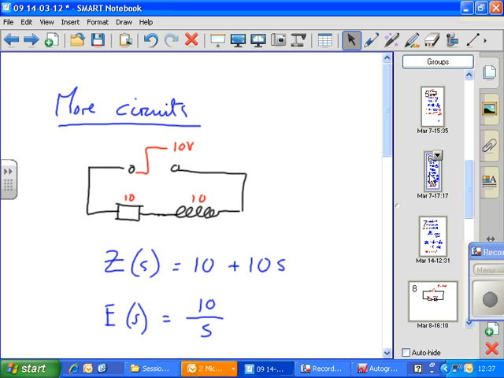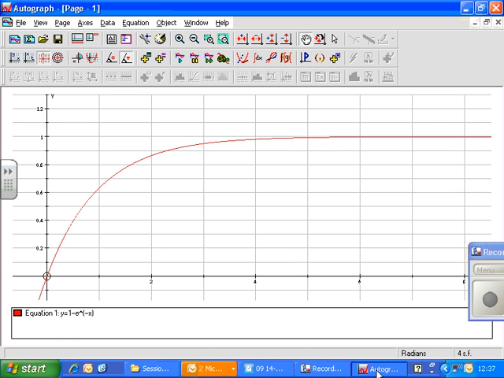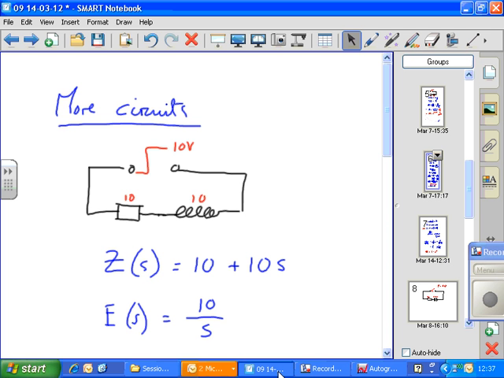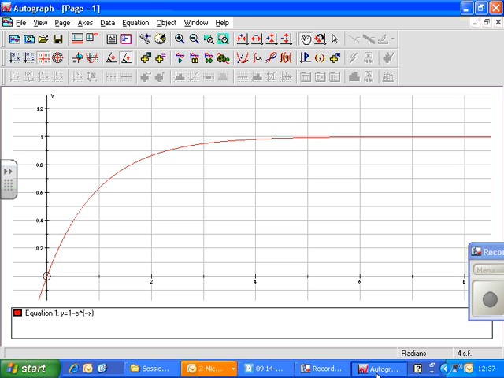And so you would expect it to look like that, the current starting at 0 and then building up to a steady value of 1 amp in this case. And if we look at the original circuit, we've got a voltage of 10 volts and a resistance of 10 ohms. So eventually, once the inductance has disappeared, the current will be 10 divided by 10, which is 1 amp, which is exactly what we have here.